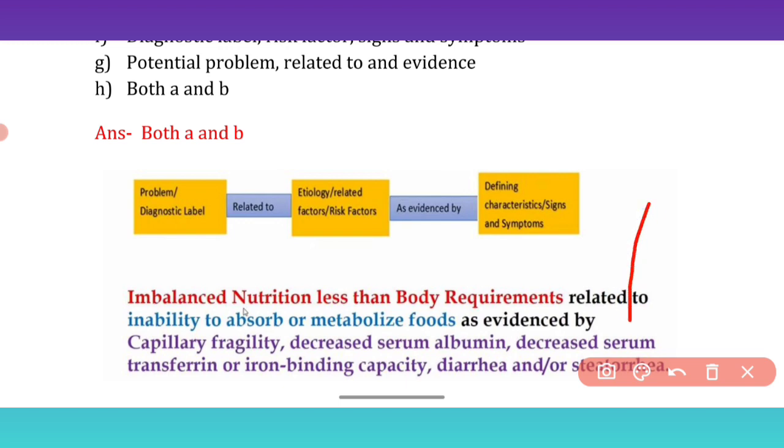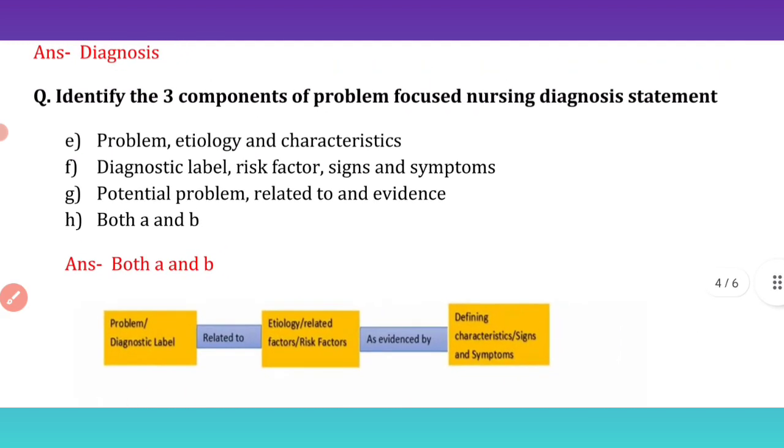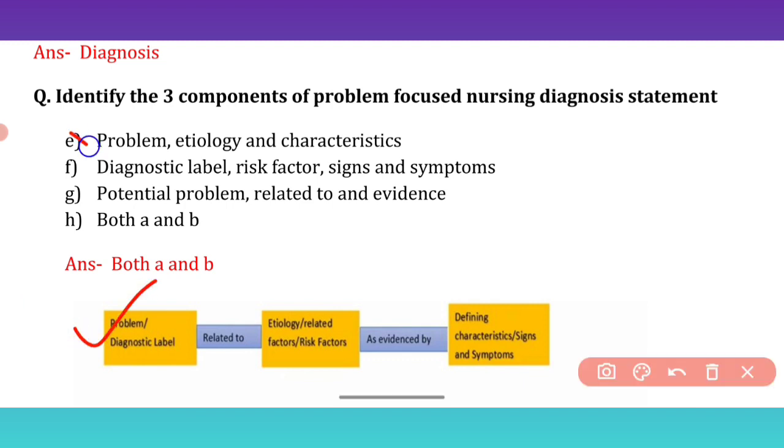In this question, what they are asking is to identify the three components of the problem-focused nursing diagnosis statement. They are asking for the three components. So what are all the three components as per this one? Problem is present, etiology is present here, characteristic is also present here, and again the diagnostic label is present, risk factor is present, signs and symptoms are present.